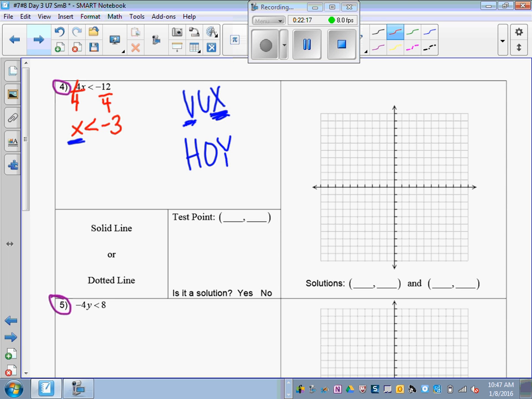Okay, so we need to decide, is it solid or a dotted line? Dotted, and how did we know it's dotted? Right, there's no or equal to with it. So it's going to be a dotted line. Alright, so let's go ahead and graph this line. Joe, head up, please graph it.